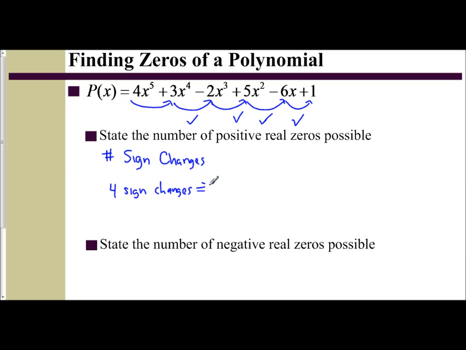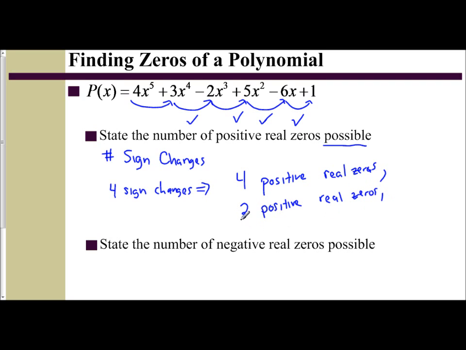That tells me I have a possibility of 4 positive real zeros. And this is a possibility. It's that number, or it is that number subtracted by an even number, which, subtract 2 for this. So if I subtract 2, it's 4 positive zeros, or it's 2 positive real zeros.